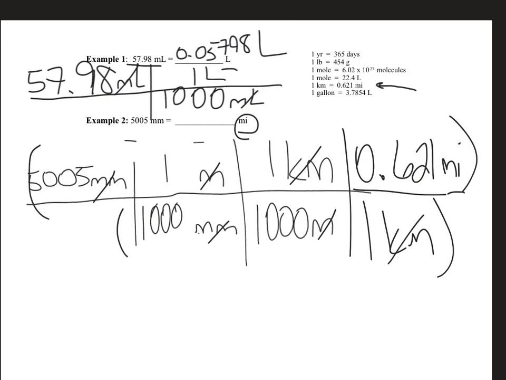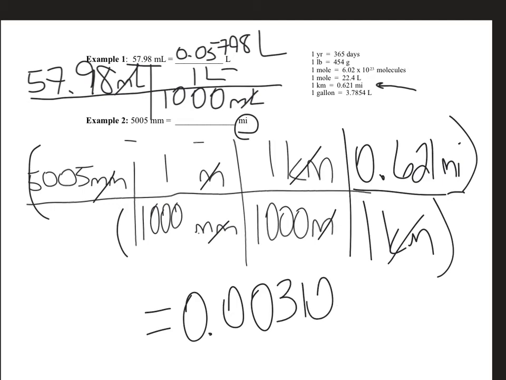So you can use parentheses when you type this into your calculator: 5,005 times 1 times 1 times 0.621, parentheses, divided by, new set of parentheses, 1,000 times 1,000 times 1. Which, when you type it all into your calculator, will give you 0.003108105, but that's way too many sig figs.